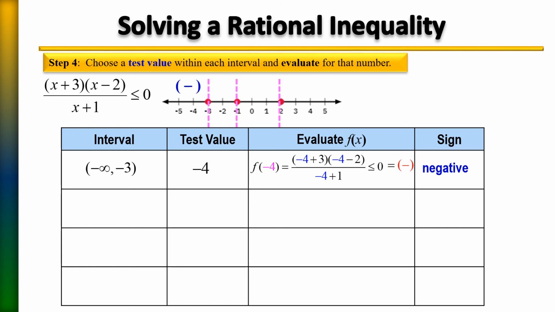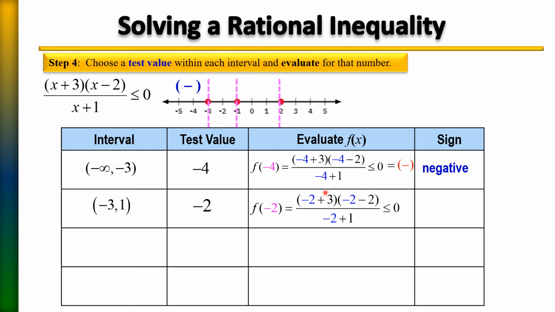So we know that's going to be one part of our solutions in there. All right, let's go ahead and go to the second region, which is from -3 to -1, and the only whole number within there is -2. So let's go ahead and test -2, replacing all the x's with -2. So in the first parentheses, I'm going to have a positive. In the second parentheses, that equals a negative.